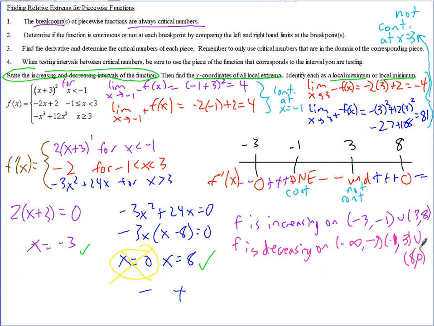And finally, identify local mins and maxes. So at -3, the first row goes from negative to positive, that's a relative minimum. At -1 it goes from positive to negative, and it's continuous, so that's a relative max. At 3, it looks like a relative minimum, but it can't be because we know it's not continuous, it's not even connected there. And 8 is a relative max.